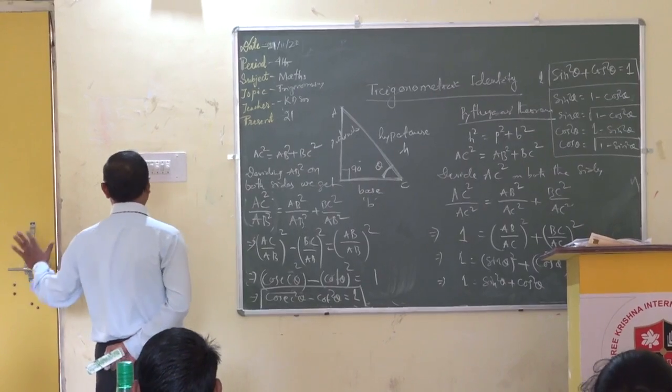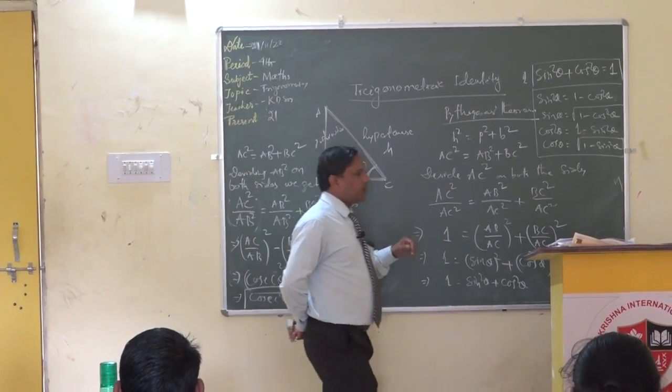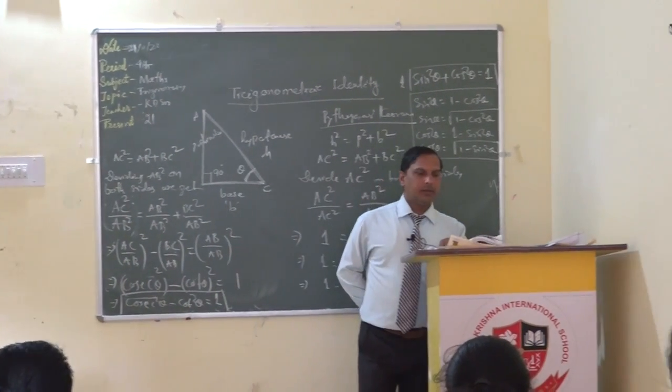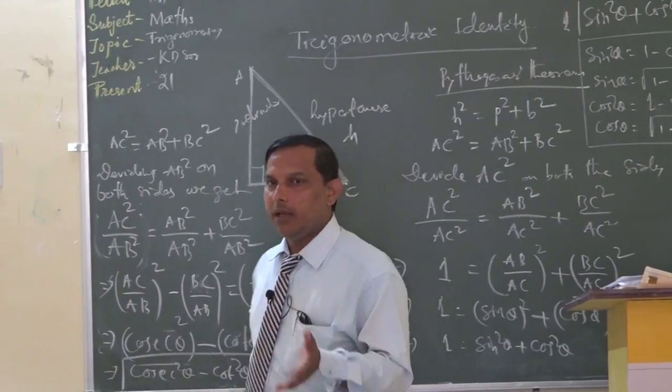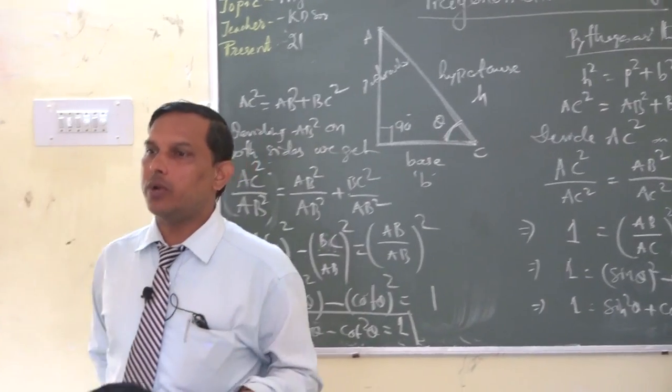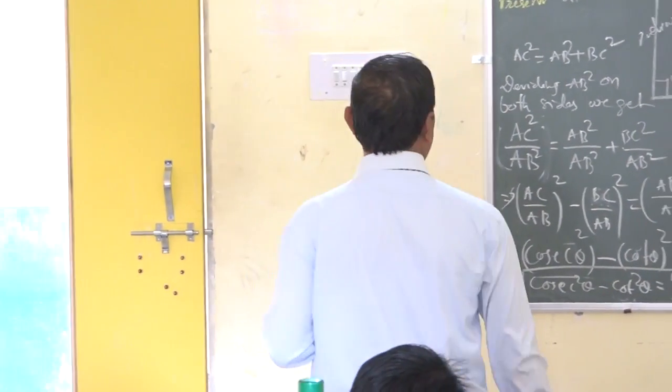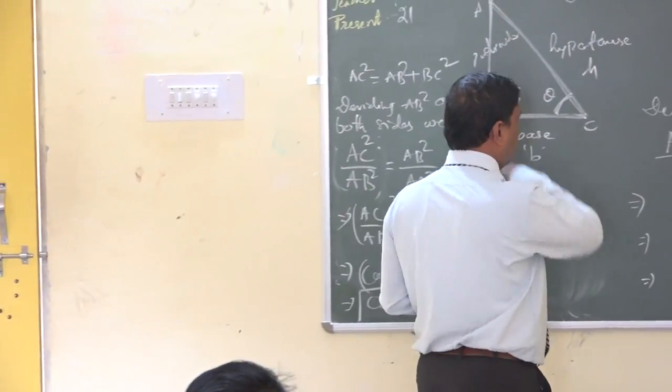Clear? Then next, we have to divide the equation by BC square on both the sides. Then what will we find out? Fine.